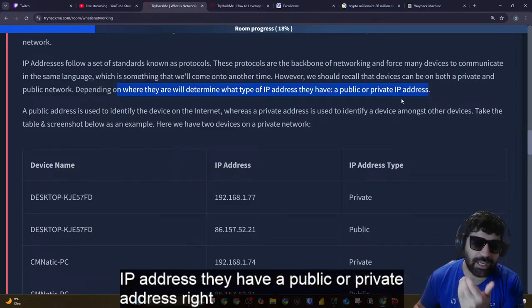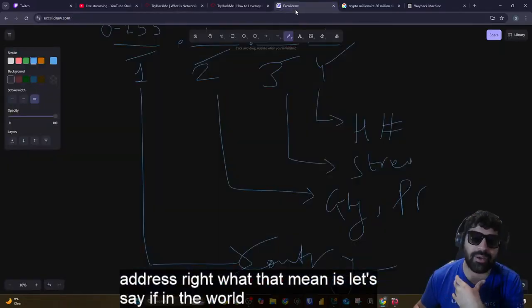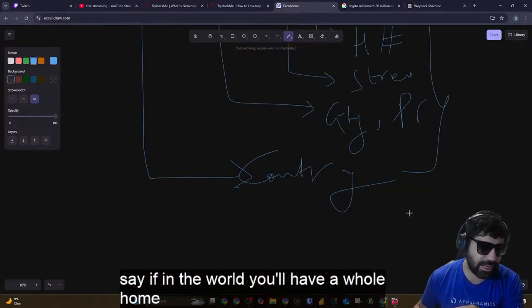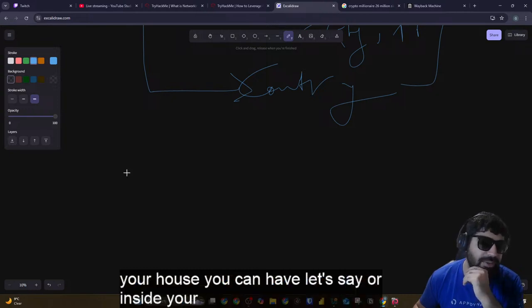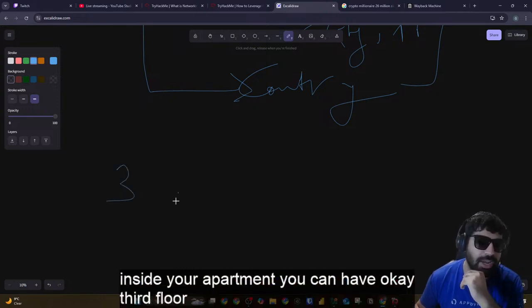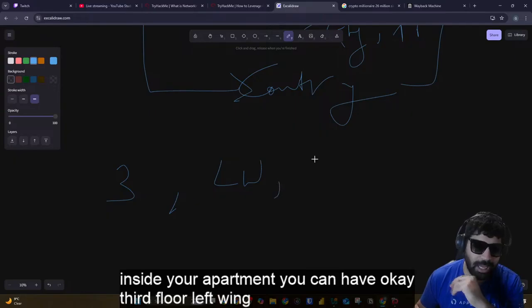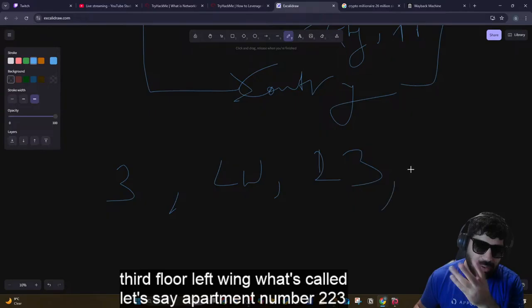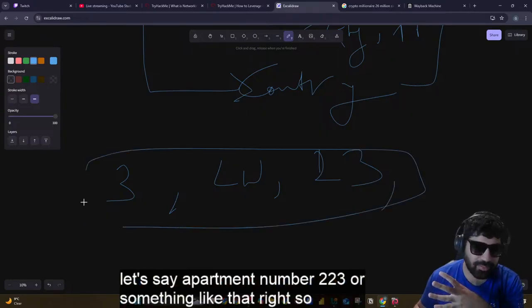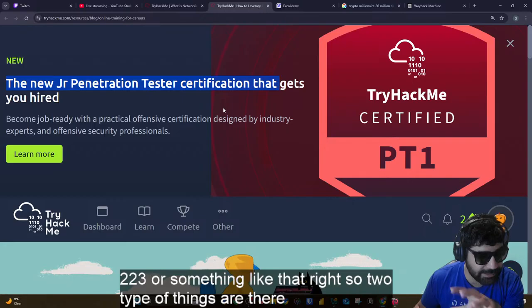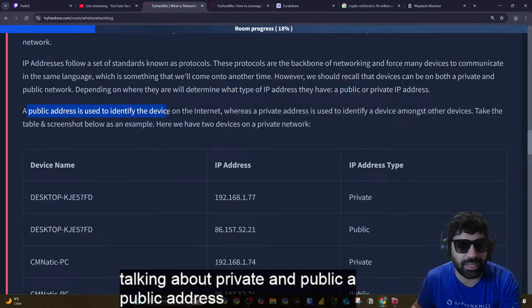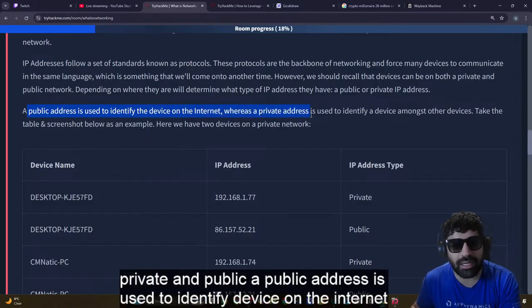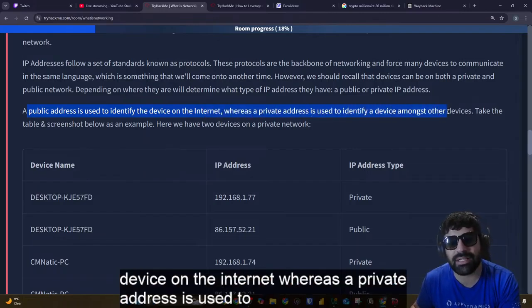What that means is, in the world you have a whole home street address, but inside your apartment you can have, okay, third floor, left wing, apartment number 23 or something like that. So there are two types of addresses when we are talking about private and public. A public address is used to identify a device on the internet, whereas a private address is used to identify a device amongst other devices.